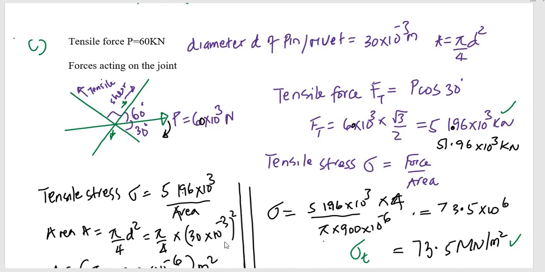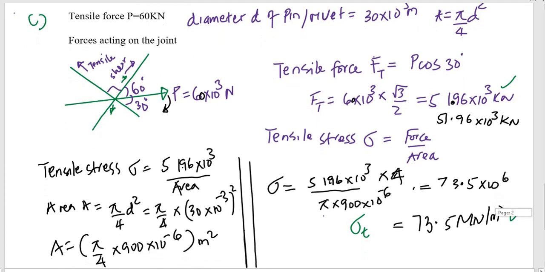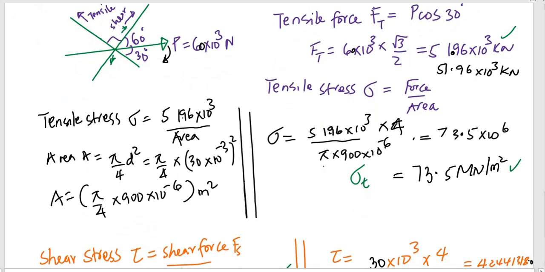Diameter is 30 millimeters. So to convert it to meters, we multiply by 10 to the power negative 3, or we just divide, we get 30 divided by 1000, we square. So when we substitute in the values, we shall find that area is equal to pi times 900 times 10 to the power negative 6 square meters.